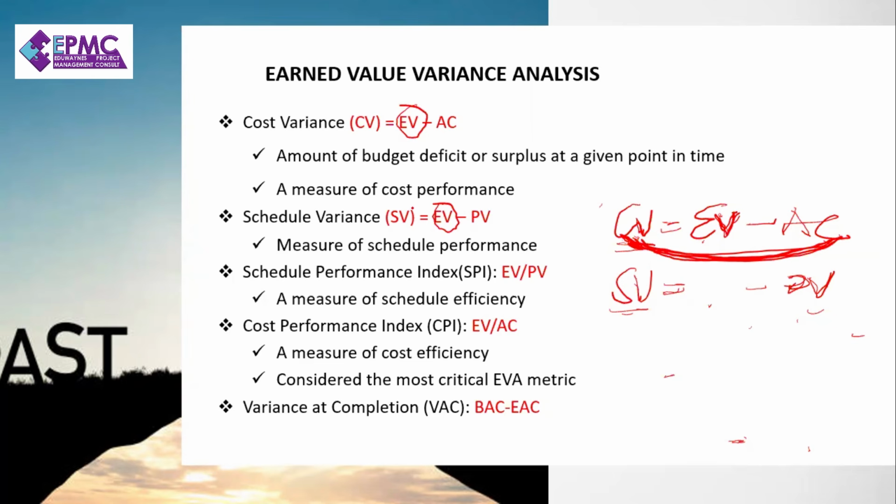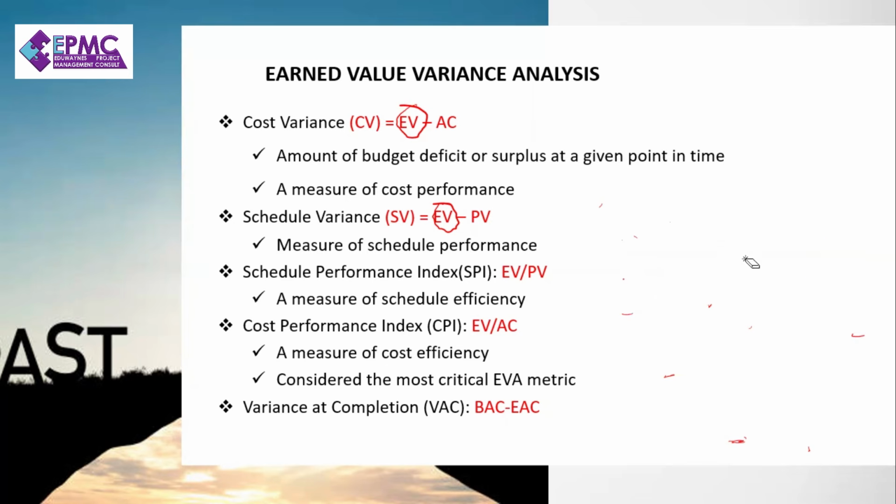So it will be the EV first minus AC. Schedule variance will be the EV first minus the PV. So it's always the EV first. That's why it's called earned value. So it's the EV first. Don't forget it. I hope you are jotting down these techniques, these tips, hacks.